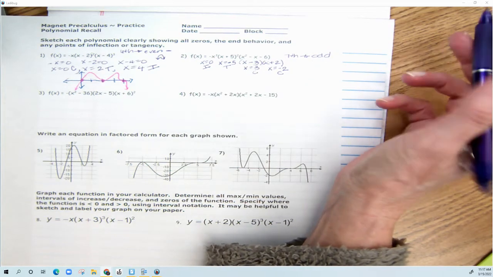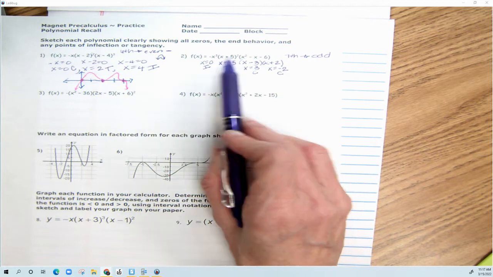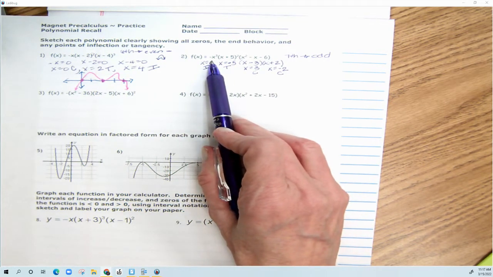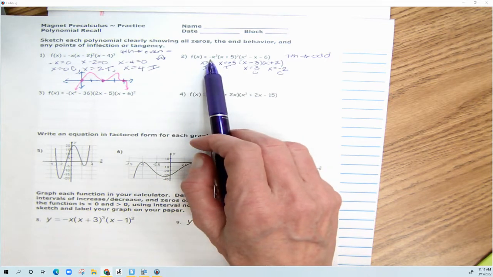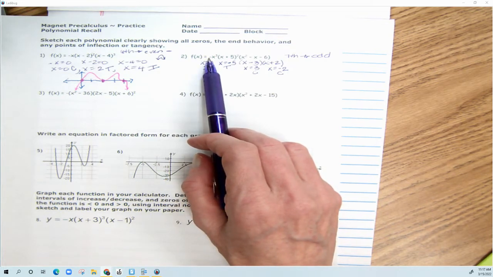And then for the positive and negative, here's a positive x, another positive x, 2 more positive x's. And then this is actually 3 positive x's, but then I'm multiplying the whole thing times -1. So if you have a negative sitting on the front like that, whatever you would say as far as whether it was positive or negative, if that weren't there, it just makes it the opposite.